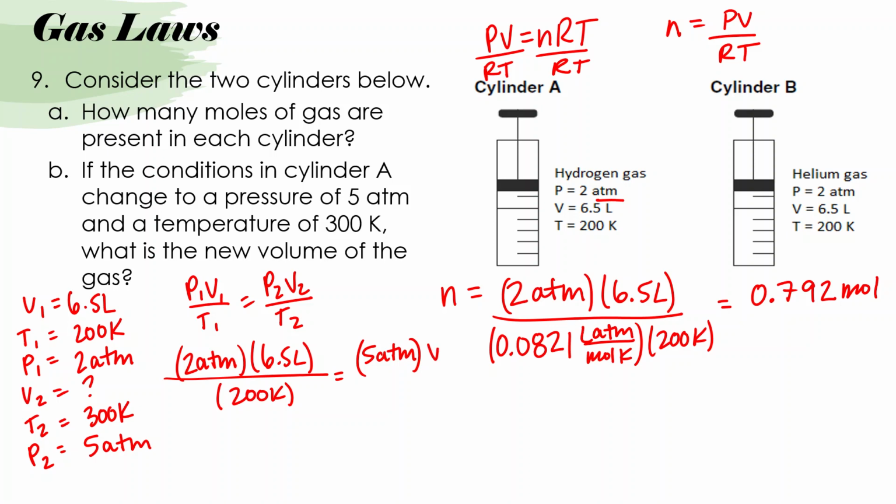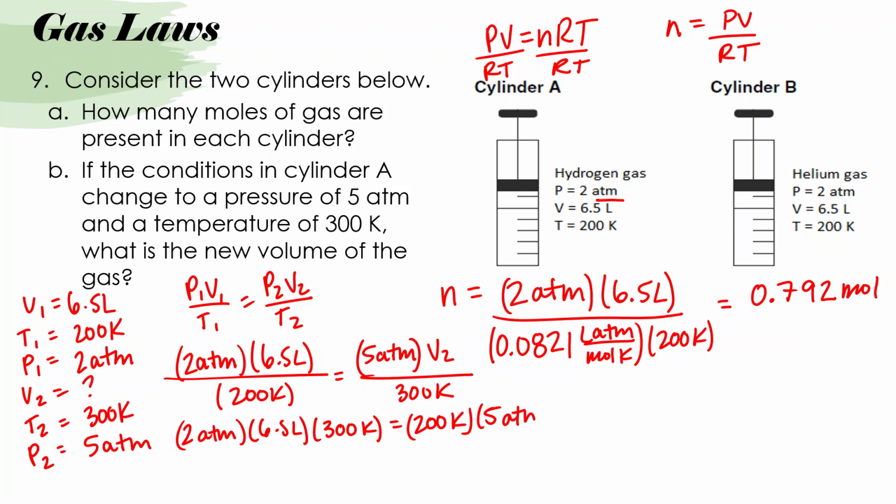I'm solving for V2, and my new temperature is 300 K. So I can cross multiply to solve this. I'm going to end up with 2 atm times 6.5 liters times 300 K is equal to 200 K times 5 atm times V2.